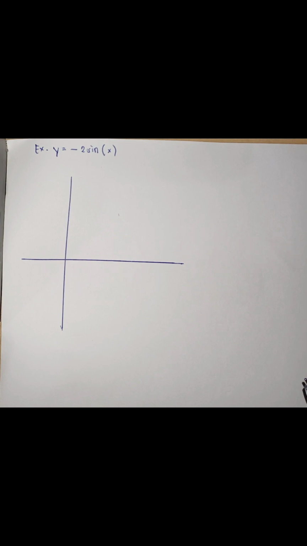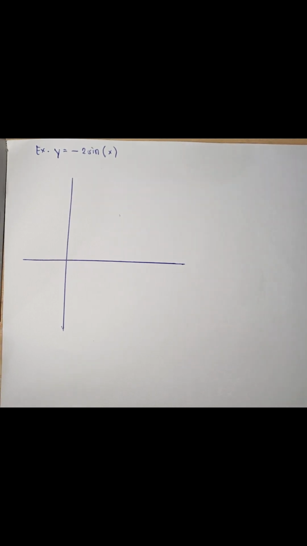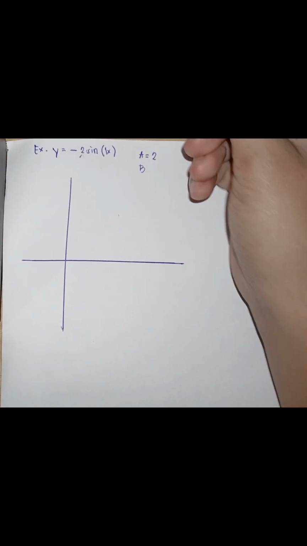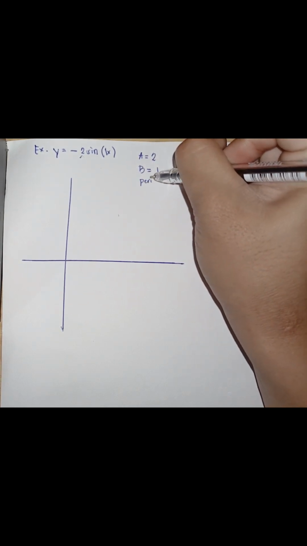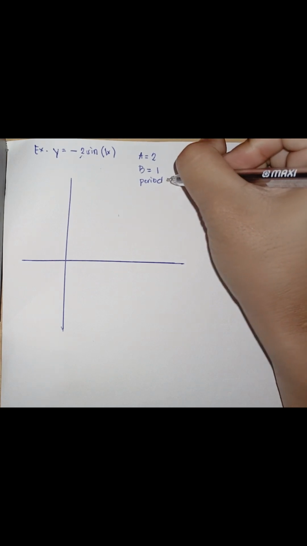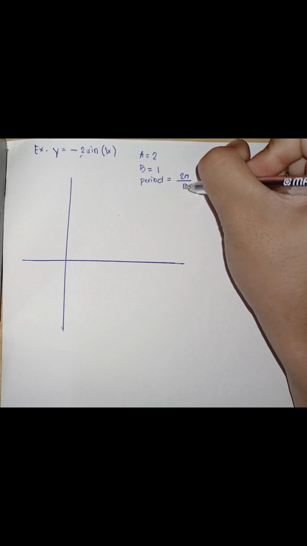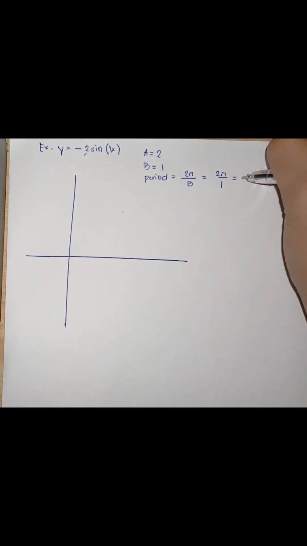So we have here the example: y equals negative 2 sine x. We have the amplitude, equal to 2. This is the b, so b equals 1. The period is equal to 2 pi over b, so 2 pi over 1 equals 2 pi.